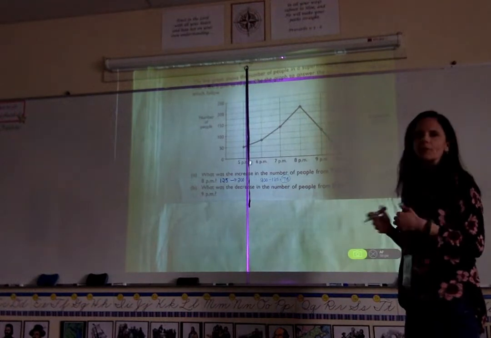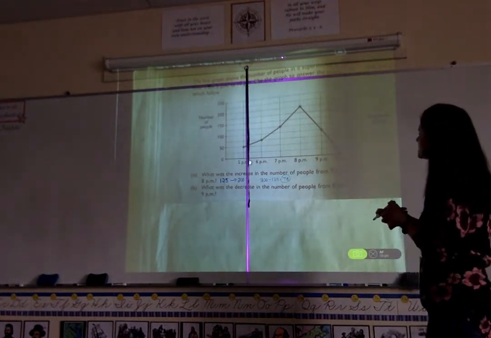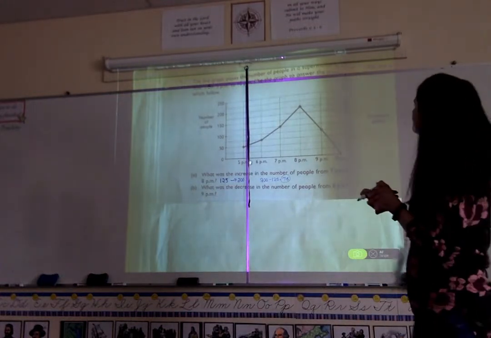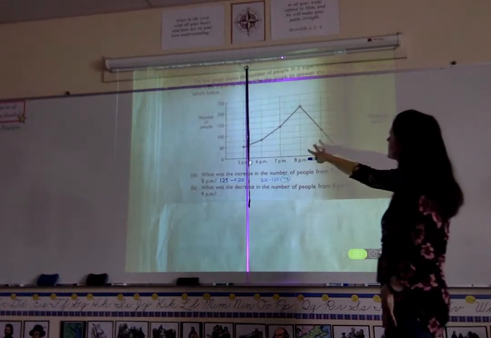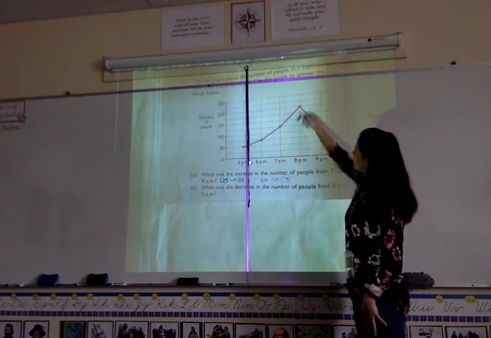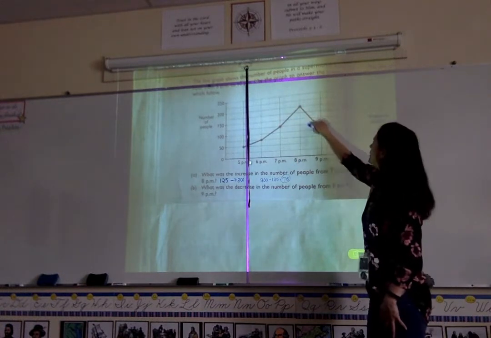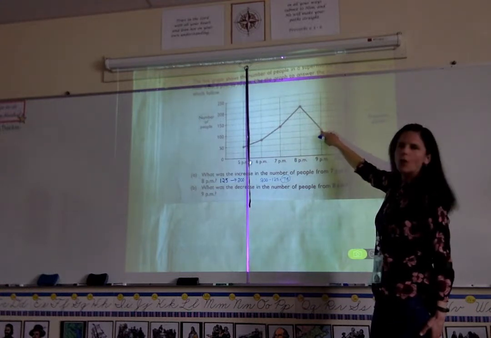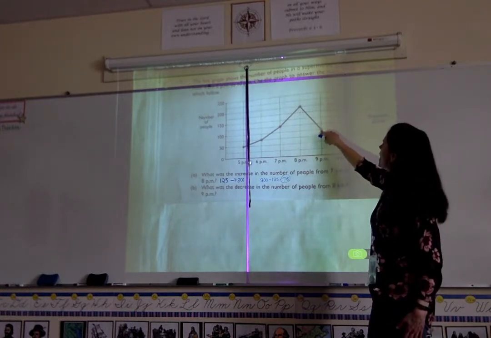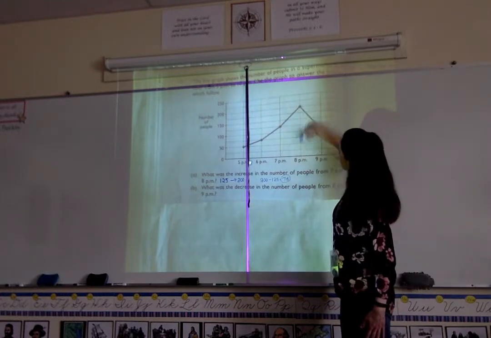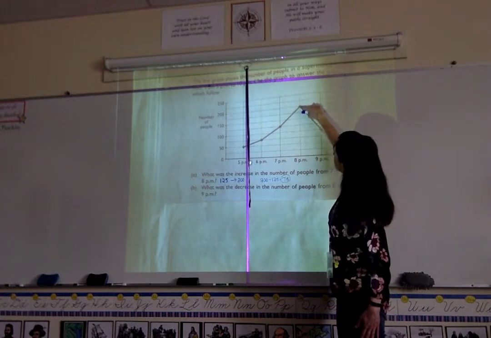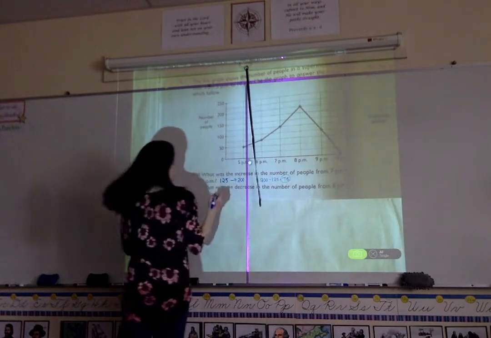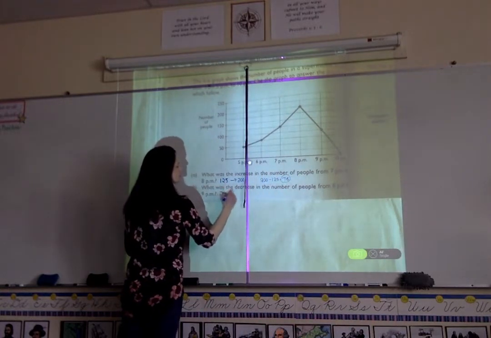For B, what was the decrease in the number of people from 8 p.m. to 9 p.m.? You can look and see that the number of people in the grocery store at 8 p.m. was pretty high, but then it went down pretty sharply by 9 p.m. So we want to know by how much it decreased. Let's start with 8 p.m. The dot tells us that there were 200 people at the grocery store at 8.